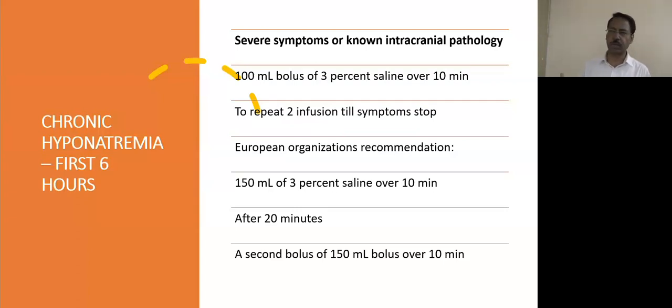So you are essentially giving about 300 ml of 3% saline as a bolus. So the whole idea of bolus is the amount and how many times you can repeat it, and what are the symptoms determining that is what we are looking at over here.